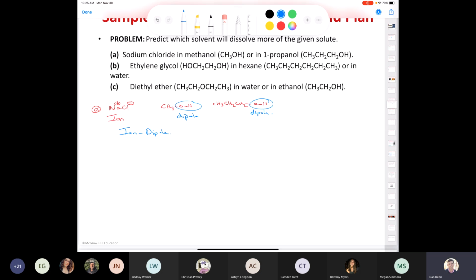Which one of these molecules, methanol or 1-propanol, is the dipole going to be more significant? Could anybody tell me? Which one of these would sodium chloride be more soluble in?